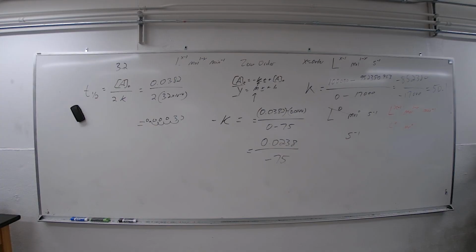So this one should just be permanent, right? First order should just be permanent. This is first order, so that one I need to change the units. That one should just be permanent. Which one do we have? First order, x minus 1 is 0, so there's no L. 1 minus 1 is 0, so there's no mole.